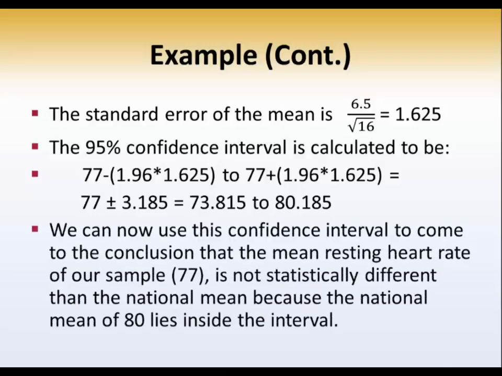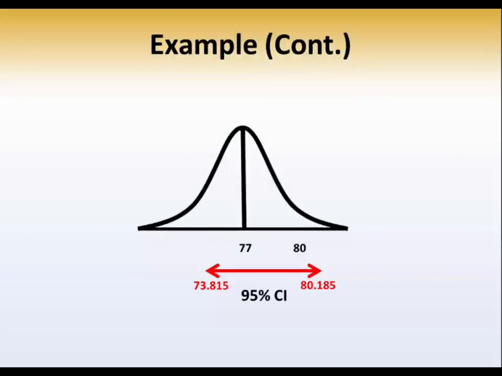So now we can use this confidence interval to come to the conclusion that the mean resting heart rate of our sample, 77, is not different than the national mean of 80 because 80 lies inside of our confidence interval. Here's an illustration that shows you that.